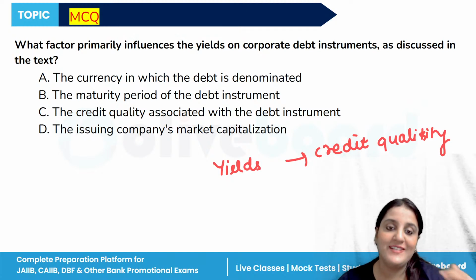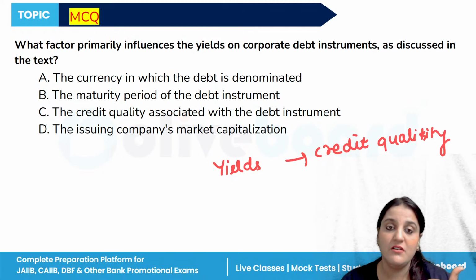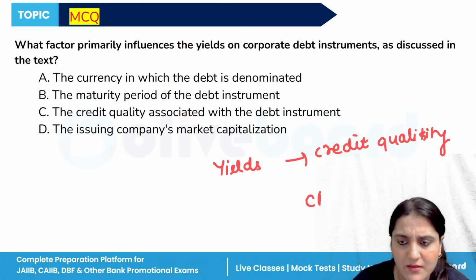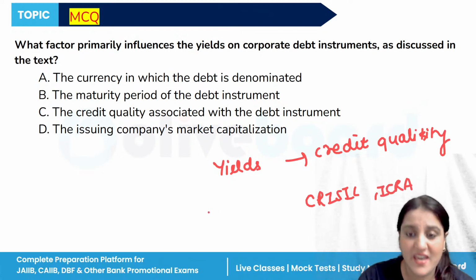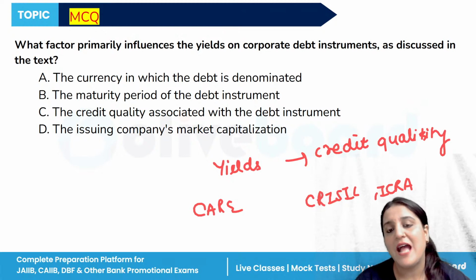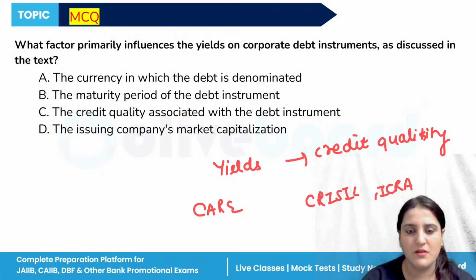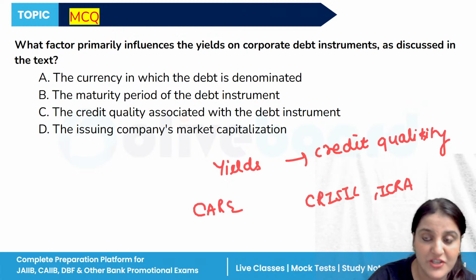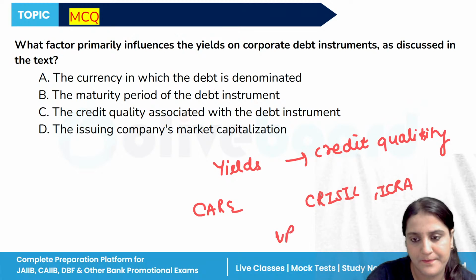Most of the debt issues have credit ratings by the credit rating agencies registered with SEBI. These are basically CRISIL, ICRA Limited, CARE, Fitch Ratings India Private Limited, Acuite Ratings and Research Limited, and Infomerics Valuation and Rating Private Limited, that is IVRPL.